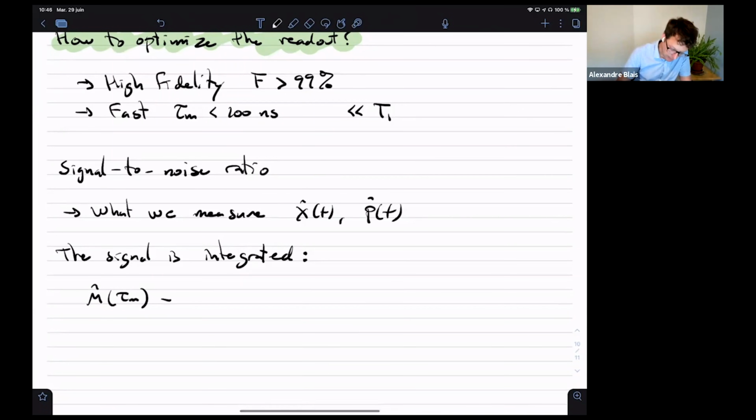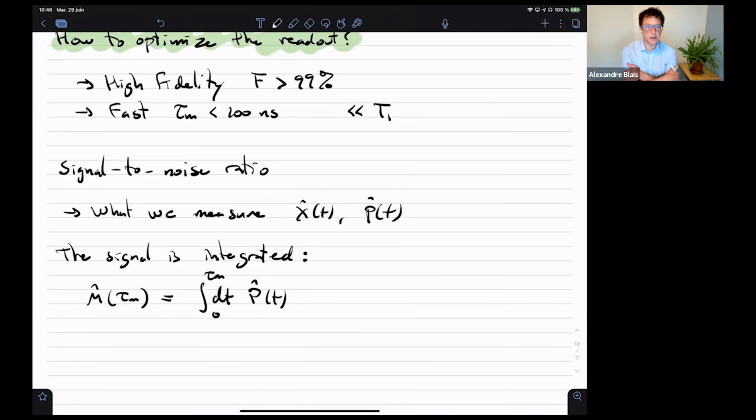time. And so this object is simply an integral of the signal, say x or p, with time. I can stick maybe with the example that I gave before where the information was in the p quadrature. So let's write p here. Doesn't matter. So x or p, or in fact, both.